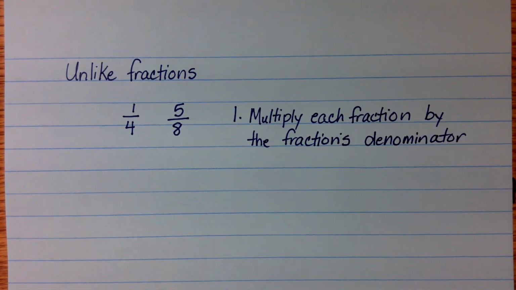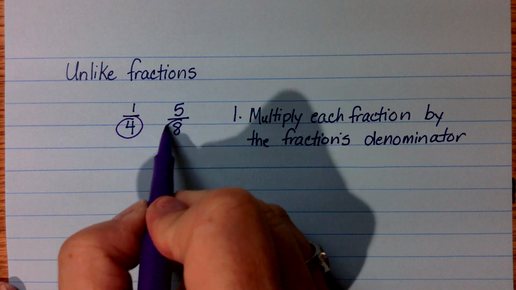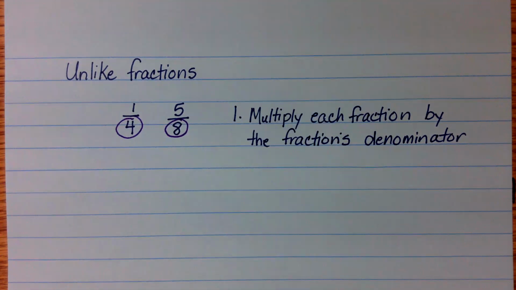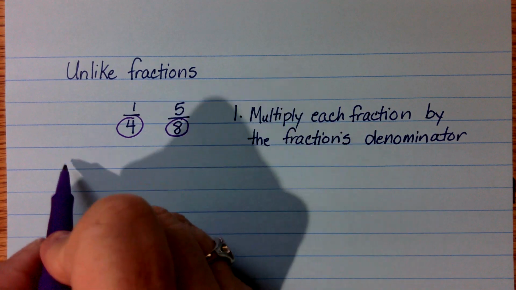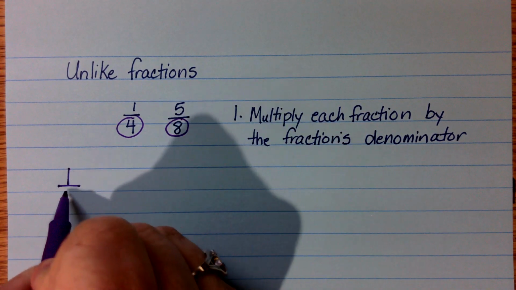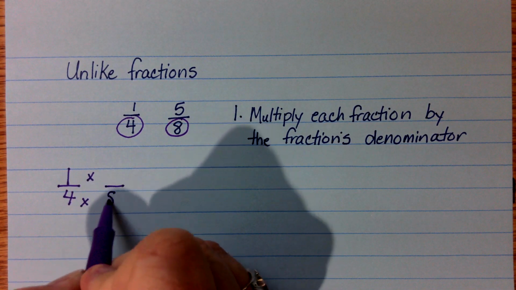So the way that would look is like this. Here are our denominators. There's a 4 and an 8. So when we look at this, we're going to multiply 1/4, and we're going to multiply the top and the bottom by 8.